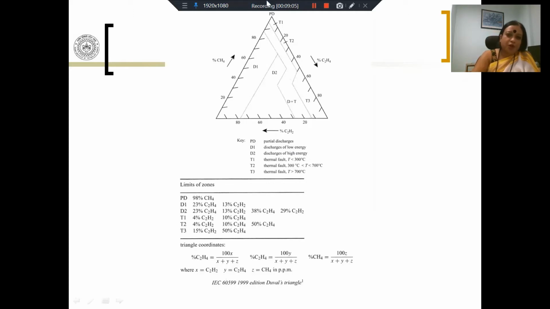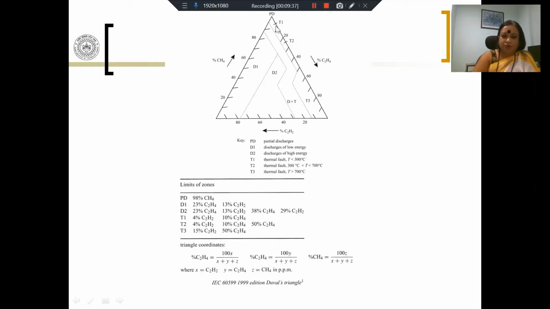Right at the top near this vertex is the PD, which corresponds to 98% CH4. We have CH4 along this axis, and when you have above 98% CH4, that corresponds to PD. So any PD would be located in this particular region. Other than that, you have T1, which is 4% C2H2, 10% C2H4, and so on and so forth. And depending upon which region you are located in, you can identify the fault.